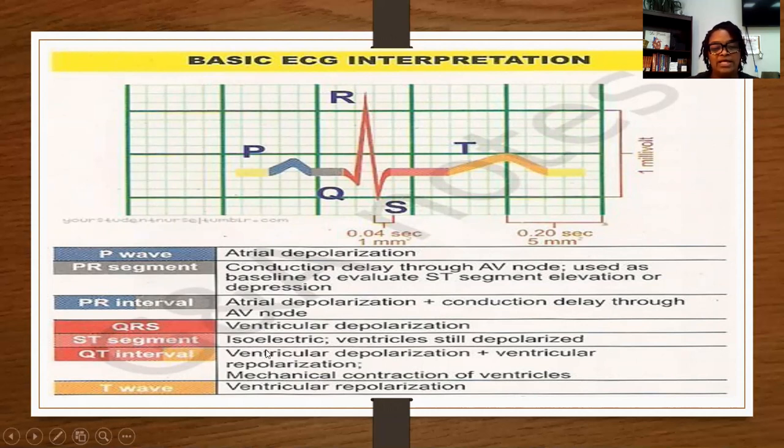Your ST segment is your isoelectric, but the ventricle is still depolarized. Your QT interval, ventricular depolarization plus ventricular repolarization, and it's the mechanical contraction of the ventricles. And then you have your T wave, ventricular repolarization.